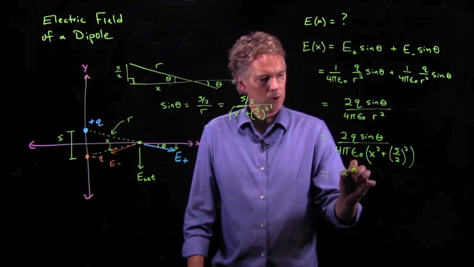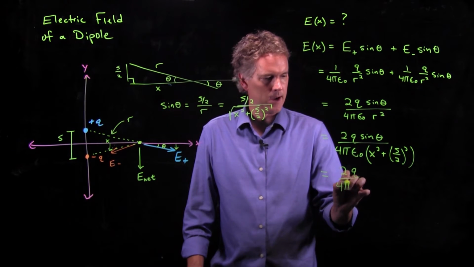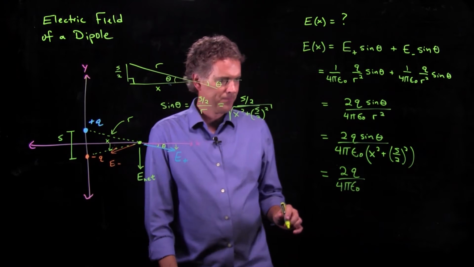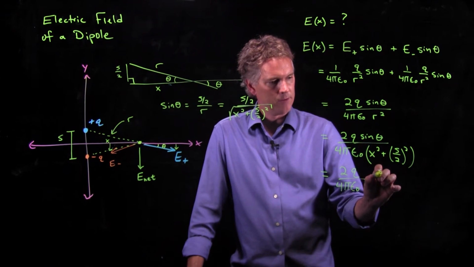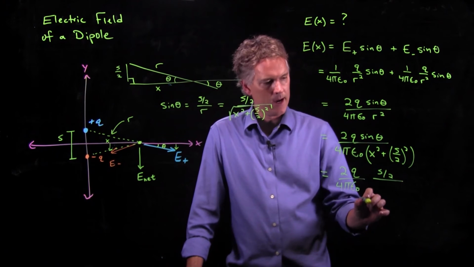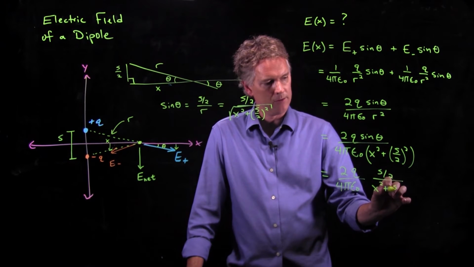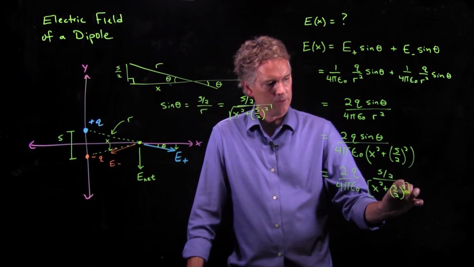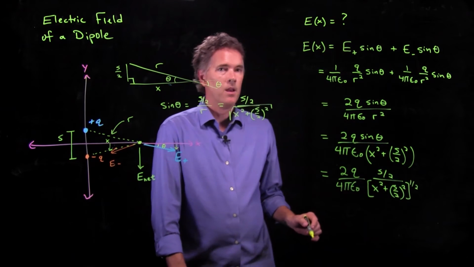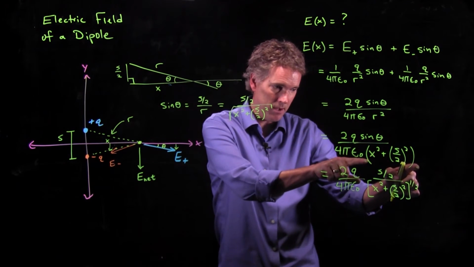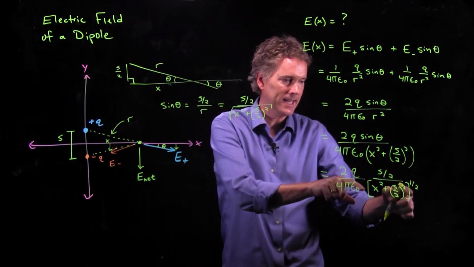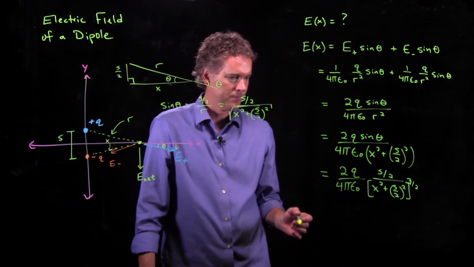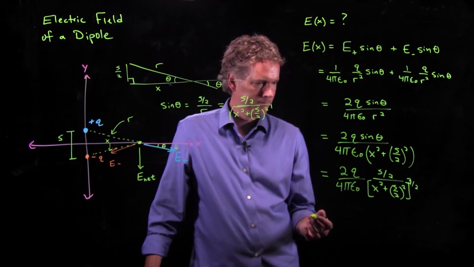We get 2q over 4 pi epsilon naught, and then we have sine theta, which is s over 2 divided by x squared plus s over 2 squared, that thing square rooted, which is the same as to the 1/2. But then we have this one as well. And if I stick that into here, it just raises this to a 3/2. Okay? And so this is what it looks like.